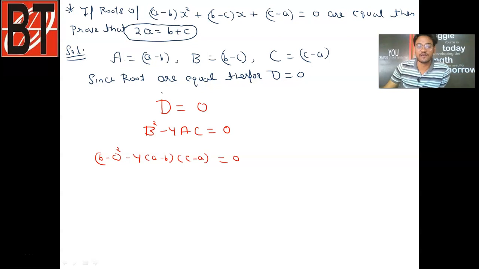Now students, we have to simplify this and we have to prove that 2a is equal to b plus c. Okay, so let's just simplify this. b minus c whole square. Students, if you expand the bracket using the identity, you will have b square minus 2bc plus c square.